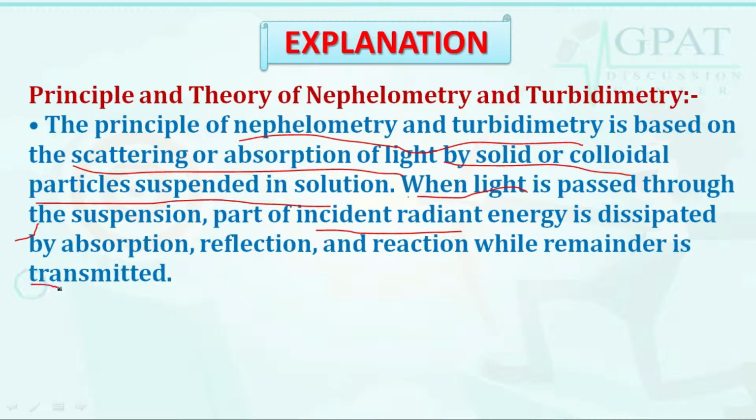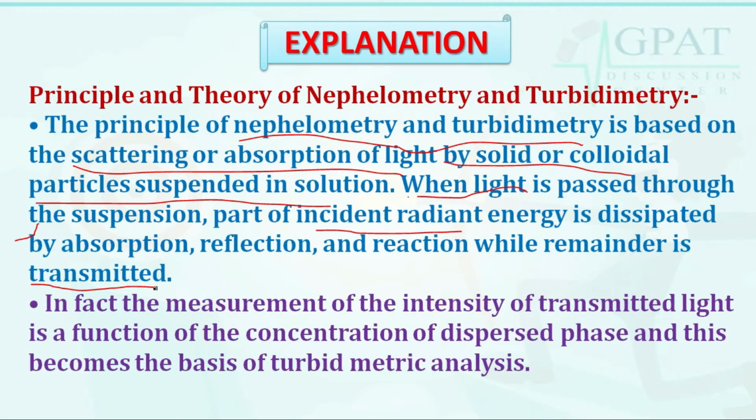Students, when we pass light through the sample, some light is absorbed and some is transmitted. So that transmitted or scattered light is the measurement of intensity.